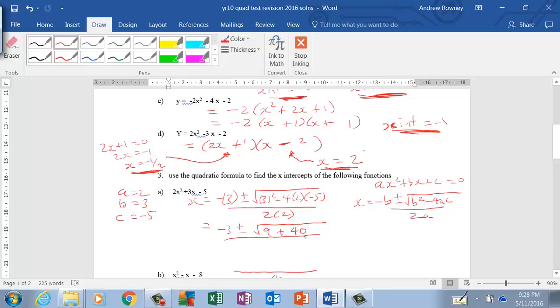That's all divided by 4, and that'll come down to minus 3 plus or minus the square root of 49, which is 7, all divided by 4.